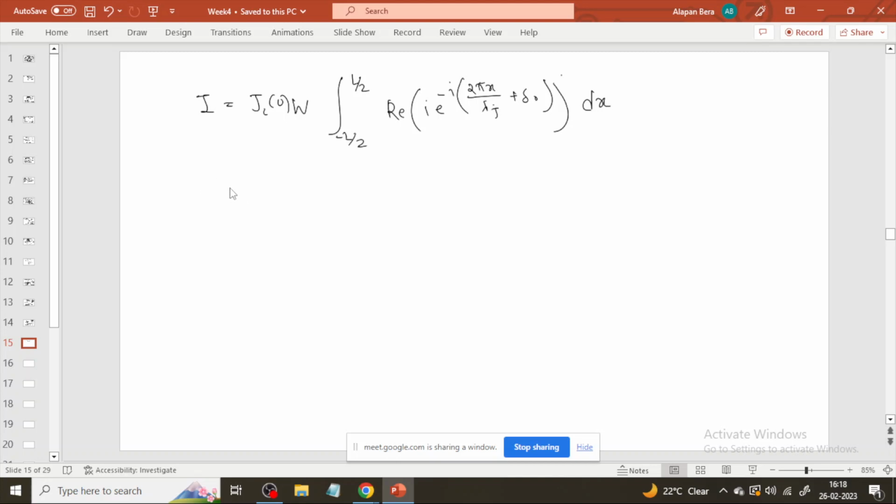Now let's calculate it explicitly. If we do the integration over this term, what do we get?